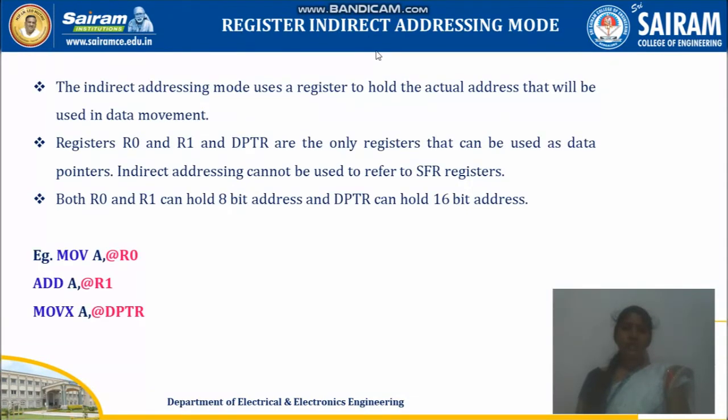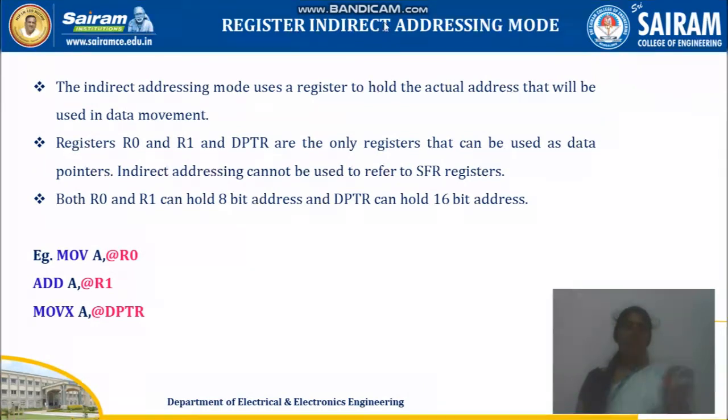Next is your register indirect addressing mode. So far we have seen immediate addressing, register direct addressing, stack addressing, SFR addressing and direct addressing. Now we are going to use register indirect addressing mode. Here we are not going to specify the address directly; instead you use a register to hold the actual address that will be used in the data movement.